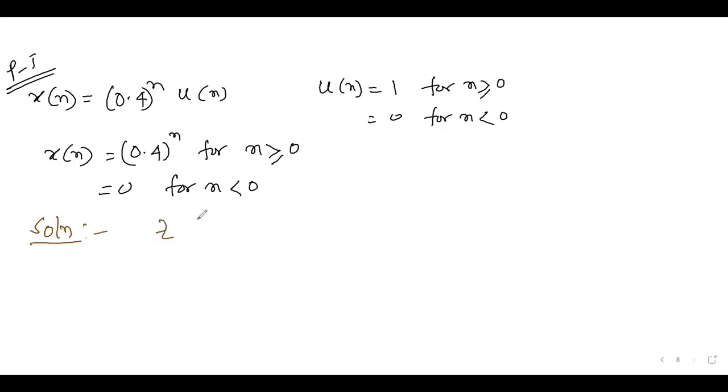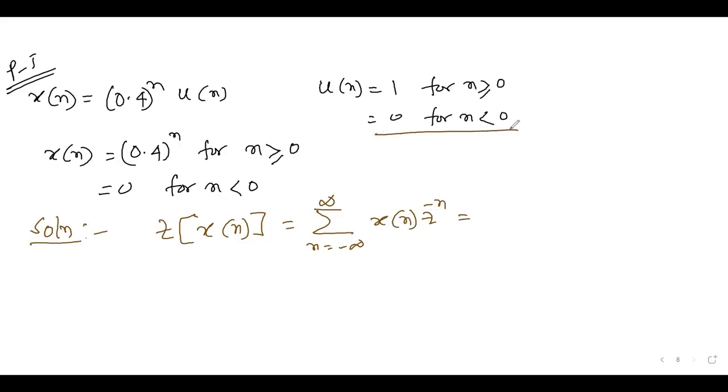So the Z transform of x[n], we know, is the summation from n equal to minus infinity to plus infinity of x[n] z to the power minus n. Now we have a right-sided signal, which is 0 for n less than 0. So this becomes the summation from n equal to 0 to infinity of 0.4^n z to the power minus n.